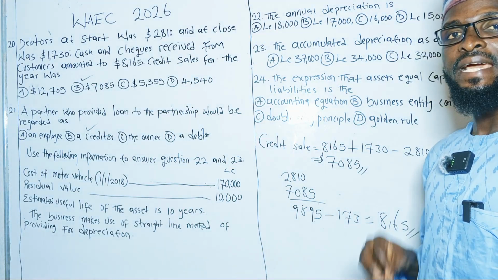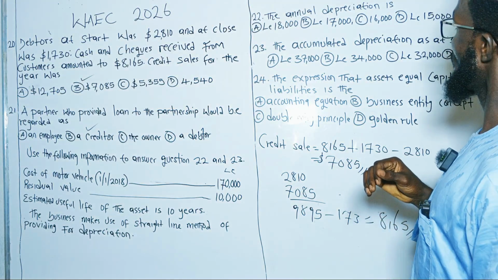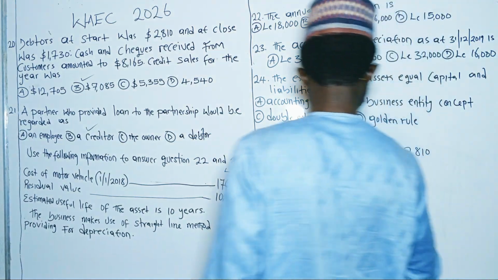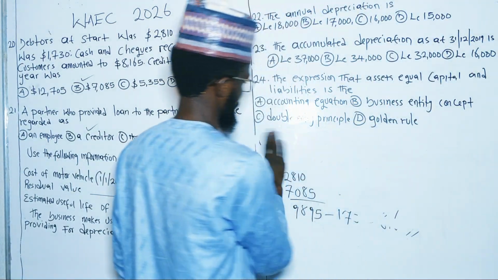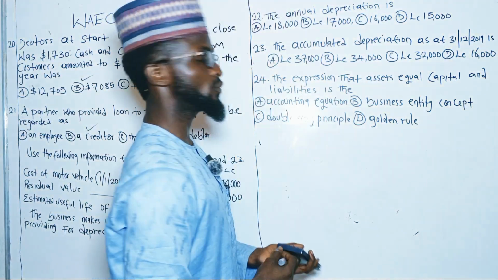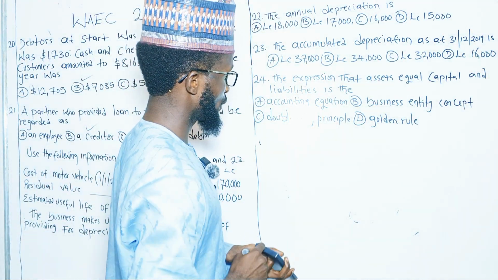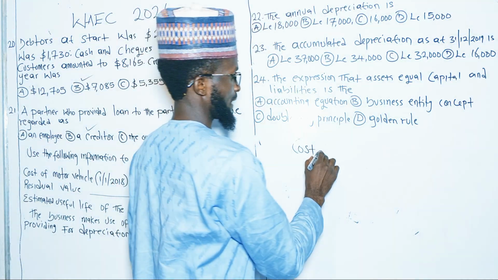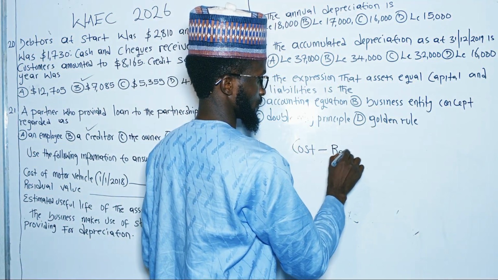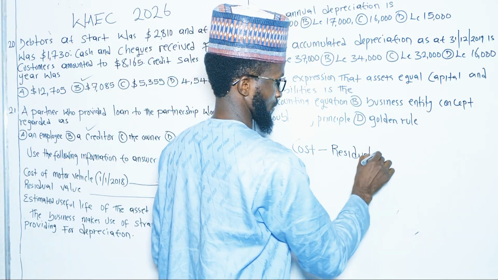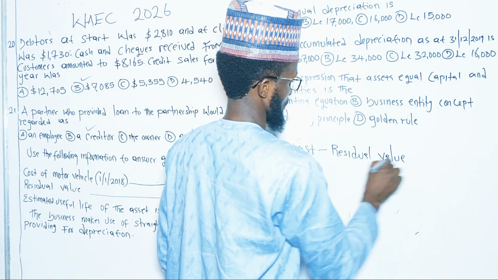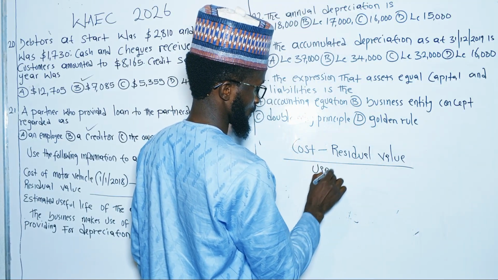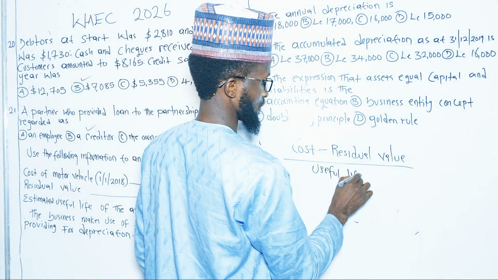We are to determine the annual depreciation. Let's try it. If you want to determine your annual depreciation, you say cost of the asset less residual value, all over the useful life of the asset.